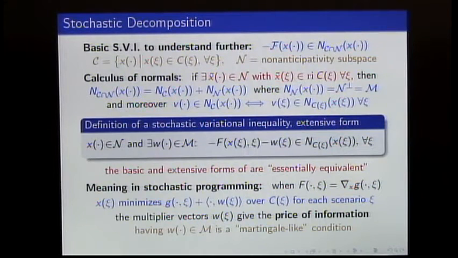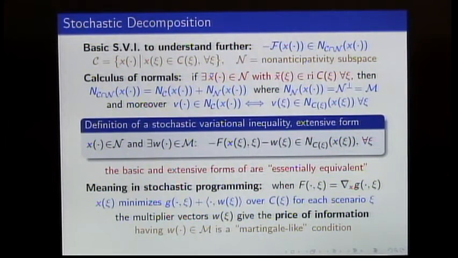I'm looking for a response function x, which is nonanticipative, and is such that there exists another function, w, which is in this complementary or multiplier space, such that, and here's the dramatic part, I have a separate condition for each scenario. There's no linkage in the remaining part.